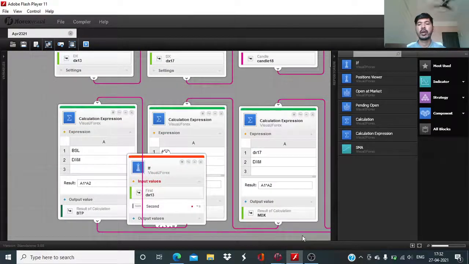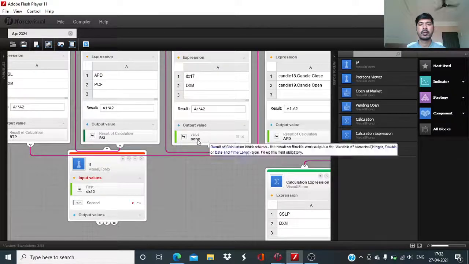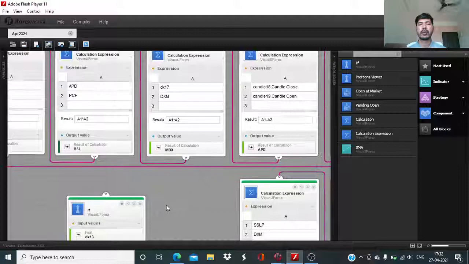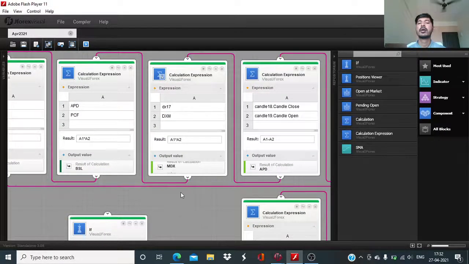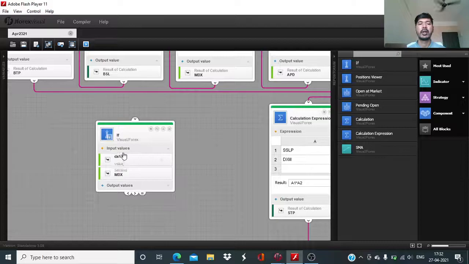So we have to look at mdx, which is the value of dx, and it has been multiplied by 2. And we need first input to be greater than second input.